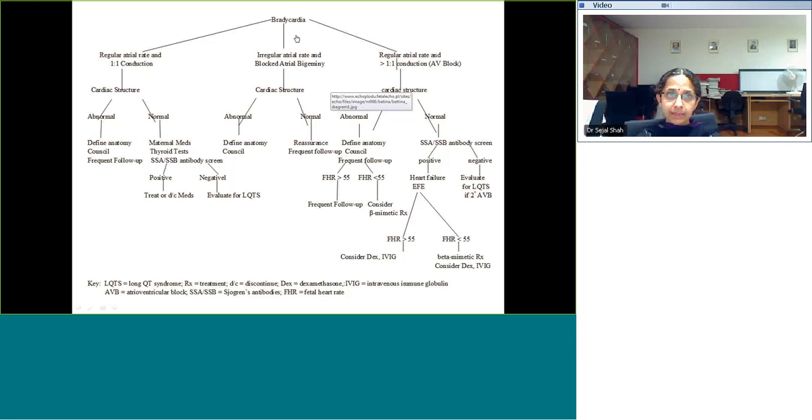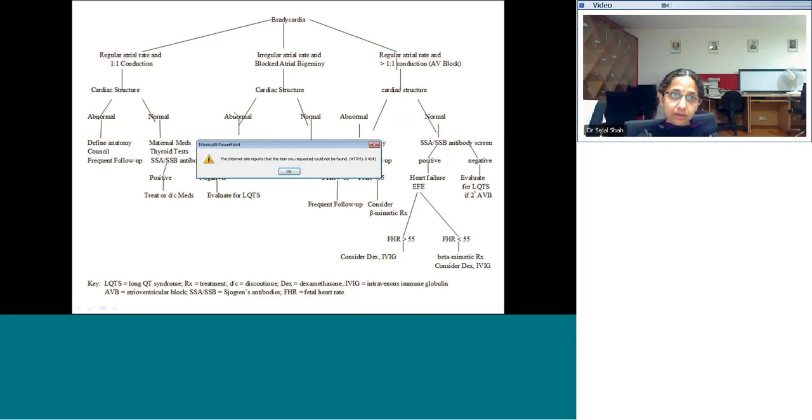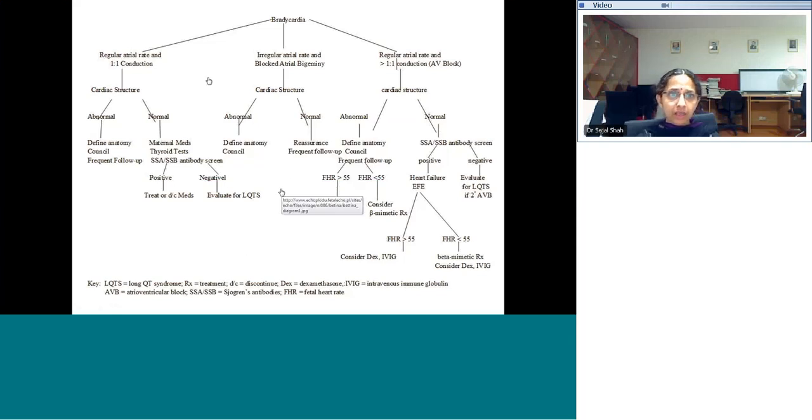Now, here we will see basically when we have bradycardia, what all are possible. One is we have a regular atrial rate and AV coordination. So this is a situation where we have most of the times either sinus node slowing or sinus bradycardia.